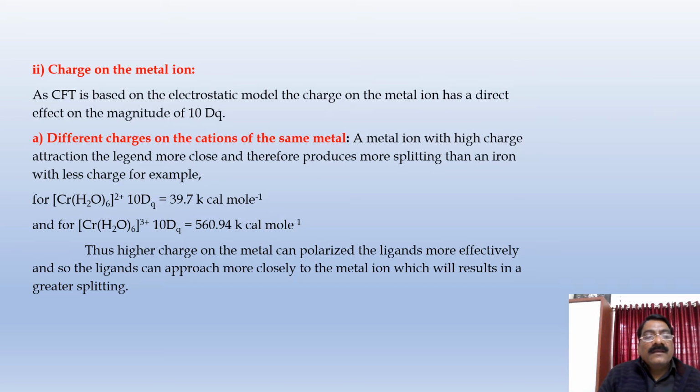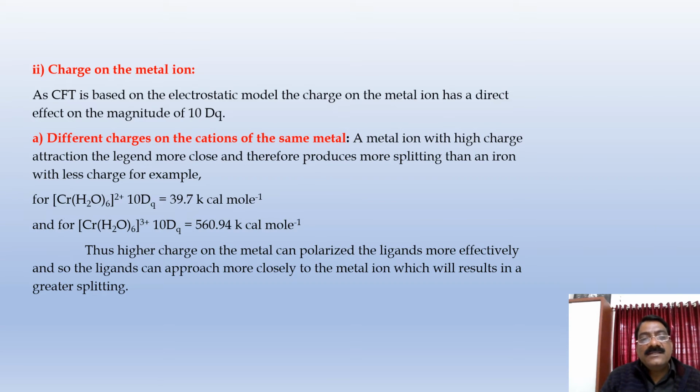The complex with Cr2+ has a 10 dq value of 39.7 kilocalories mole inverse, and the second complex, which has Cr3+, has a 10 dq of 560.94 kilocalories mole inverse.